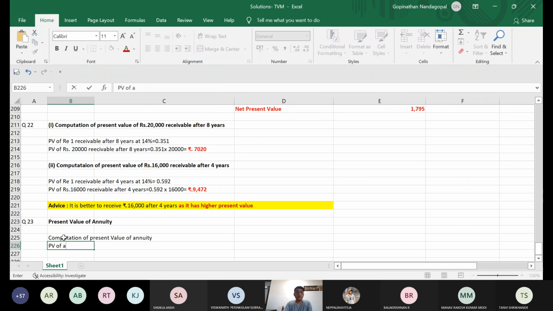So the formula will be present value of annuity is equal to, or I'll put the formula like this. A very simple way. This way also you can do it.